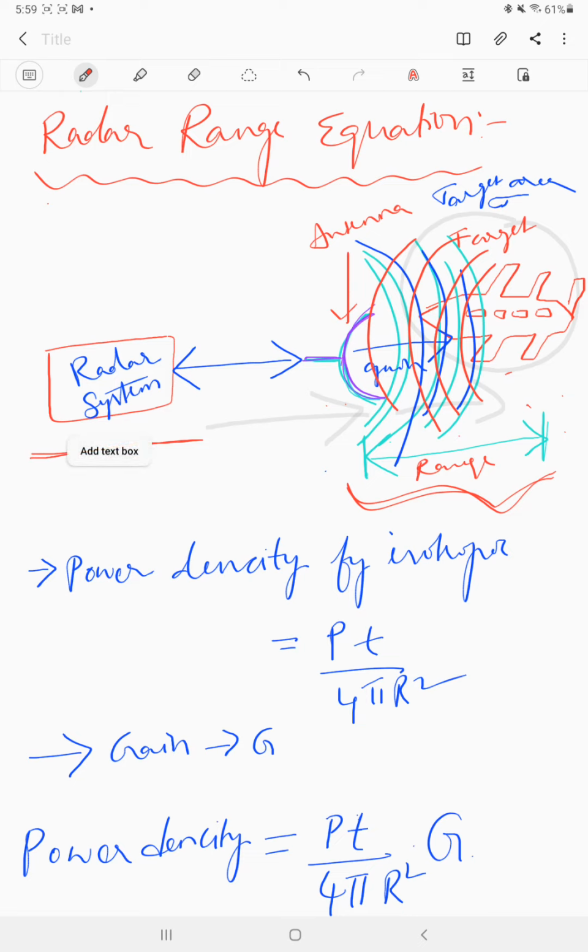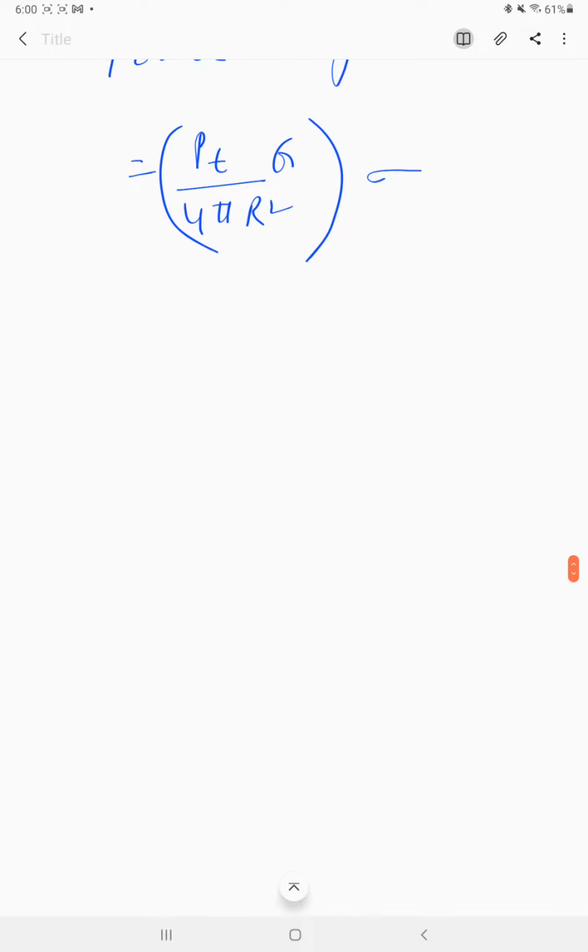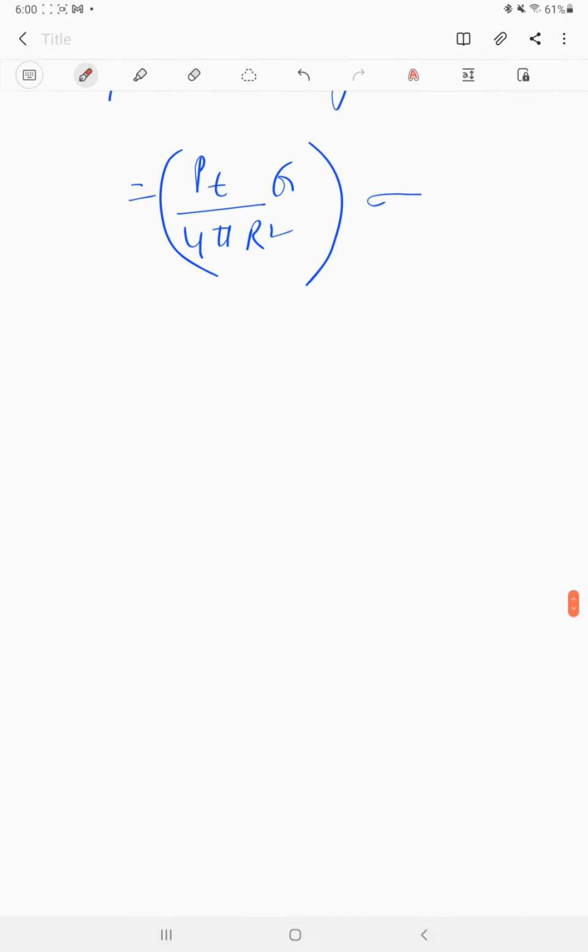So we can calculate the power density of the reflected power at the radar system. That reflected power density is the power we have just calculated into 1 by 4 pi r square, because the area covered by the reflected signal at a distance of r is 4 pi r square.